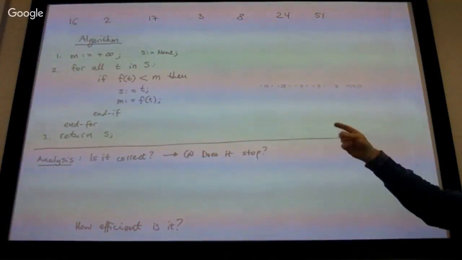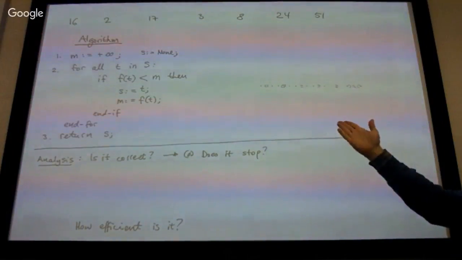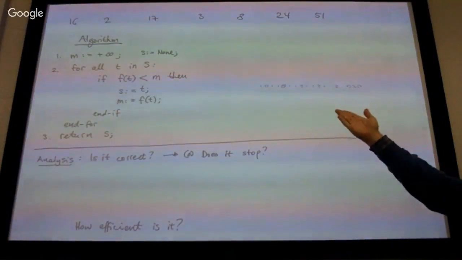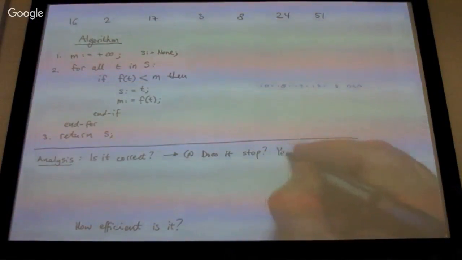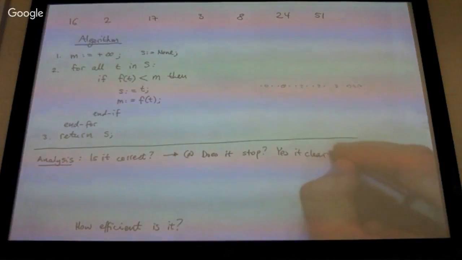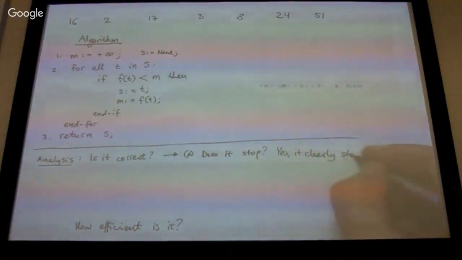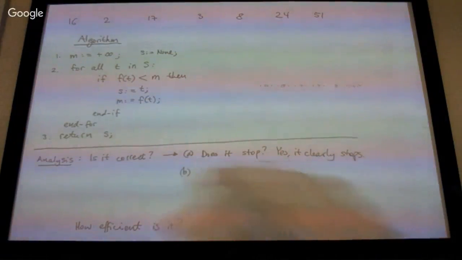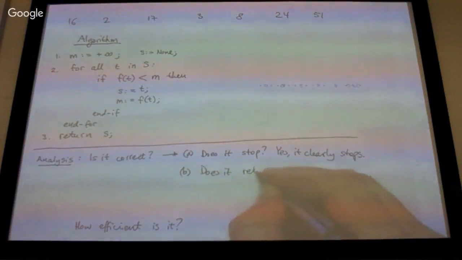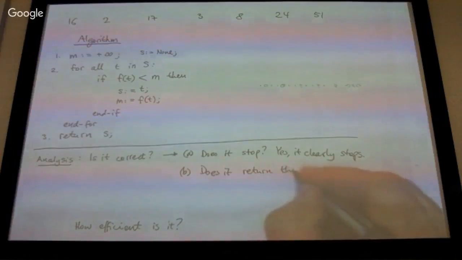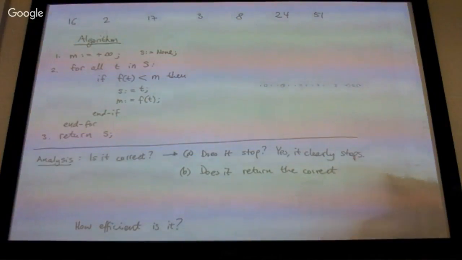So the loop can't run forever, and the return and assignments can't run forever. So yes, it clearly stops. And does it return the correct answer?